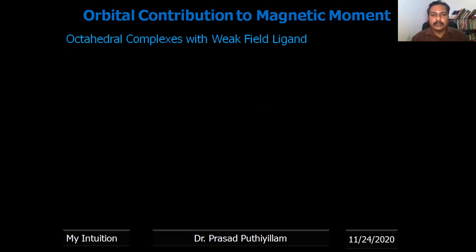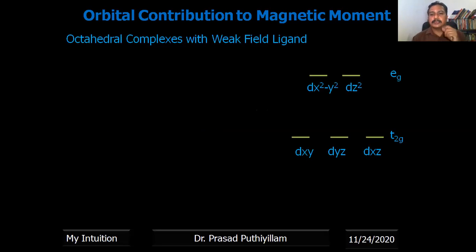Then we can see the arrangement in the d1 to d10 systems, whether they contribute towards paramagnetic behavior or not. We first write the degenerate orbitals, t2g as well as eg. We'll take the d1 system. The d1 system has only one electron in the outermost d orbital, so it goes to t2g.